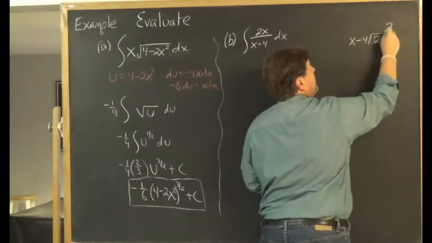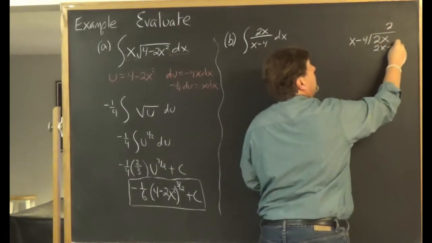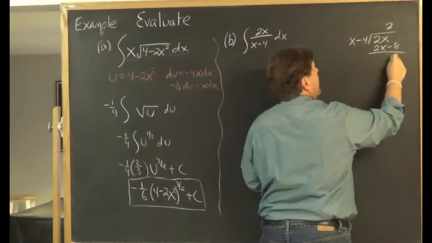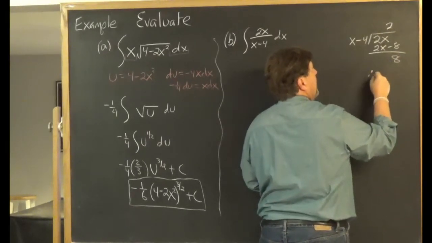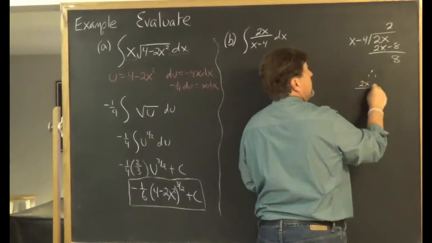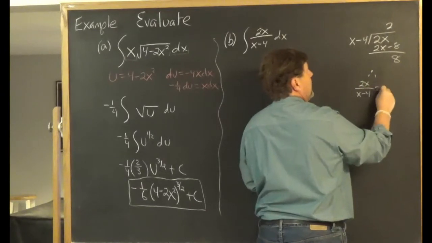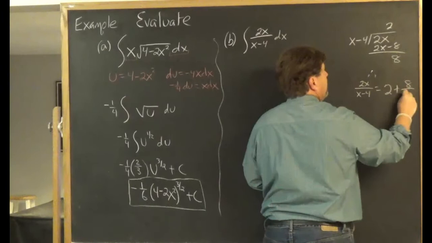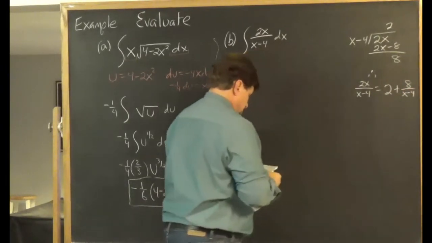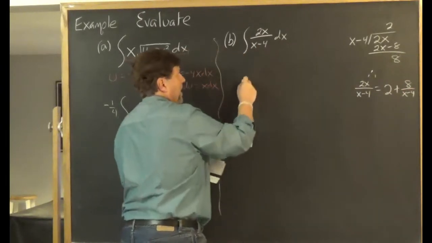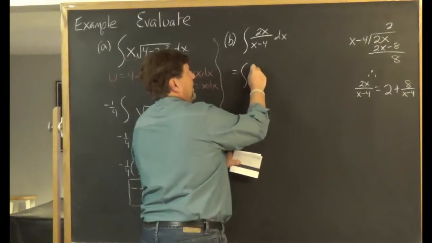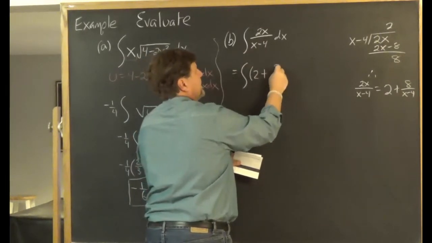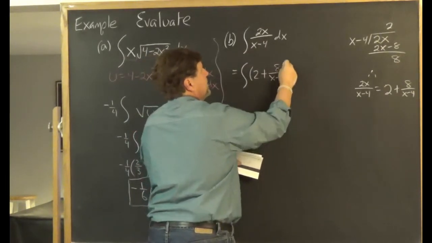I put a 2 up here, and I subtract, so I have 2x over x minus 4 is equal to 2 plus 8 over x minus 4. So I can rewrite my integrand as 2 plus 8 over x minus 4.